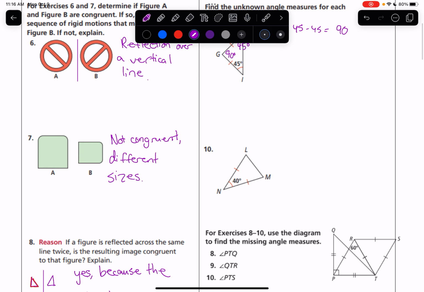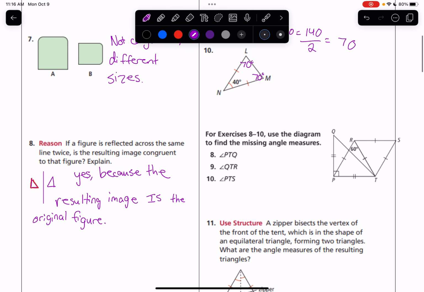Number 10, we have a similar thing. We have an isosceles triangle with a measure of 40. But that means that L and M have to be congruent to one another, since the side length LN and LM are the same. So we can do 180 minus 40, which gives us 140 degrees. Divide that by 2 to find out that each of the base angles is 70 degrees.